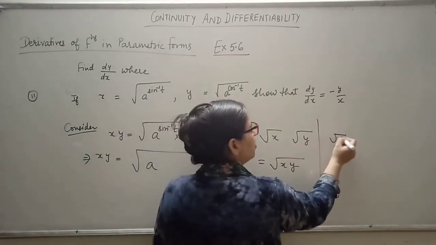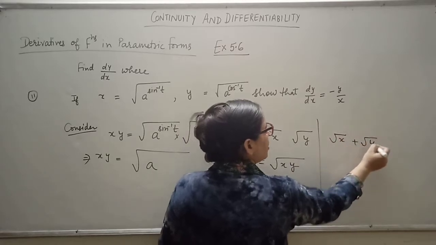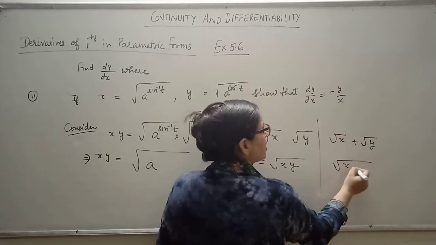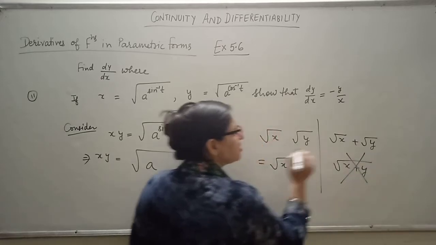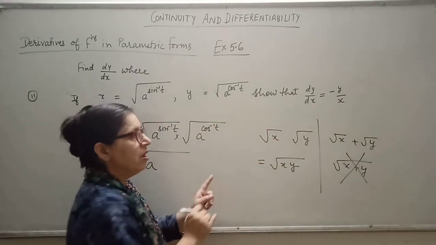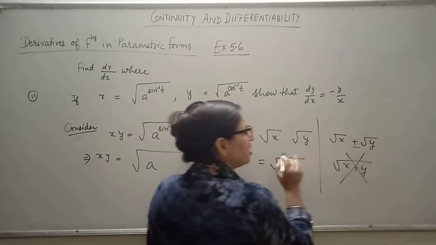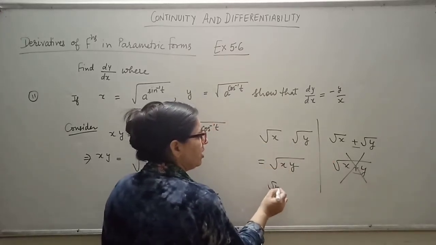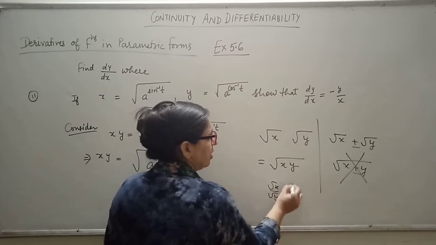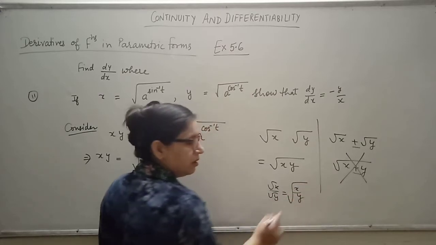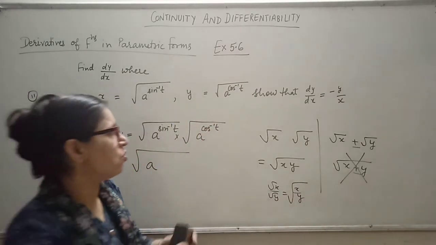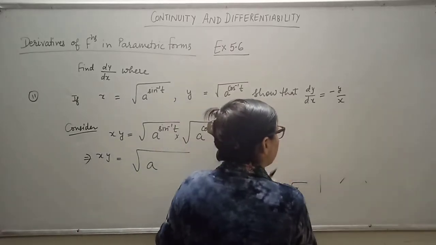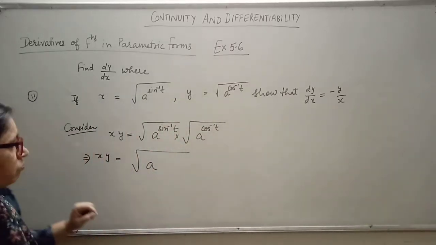But if it is root x plus root y, then root of x plus y cannot be written. This is wrong. So in addition or subtraction it is wrong. But in multiplication or division you can take these under the same sign.